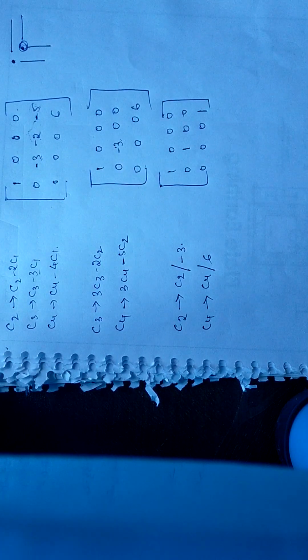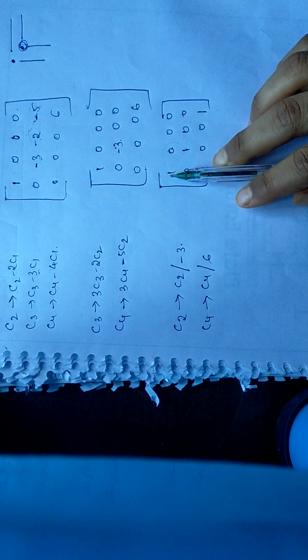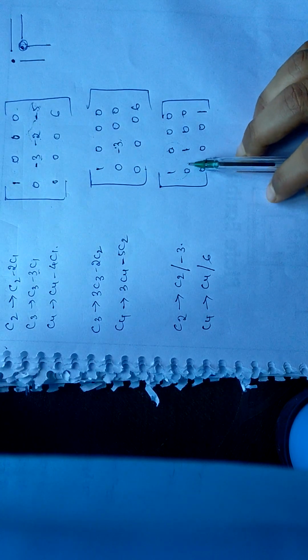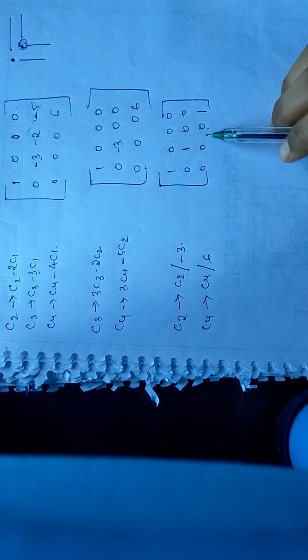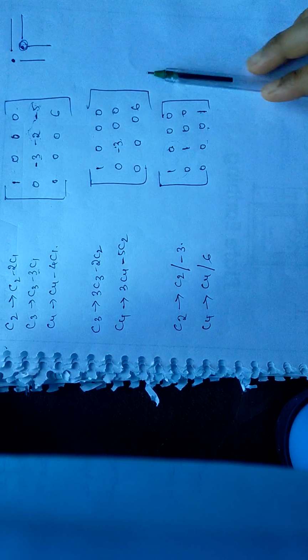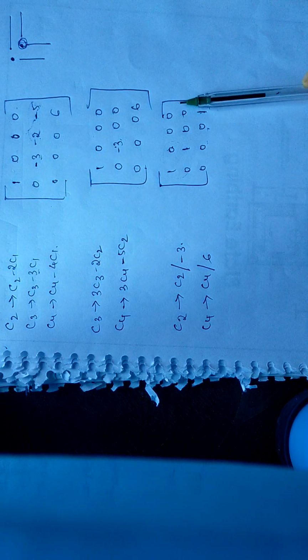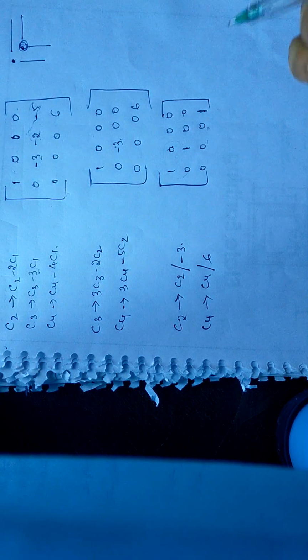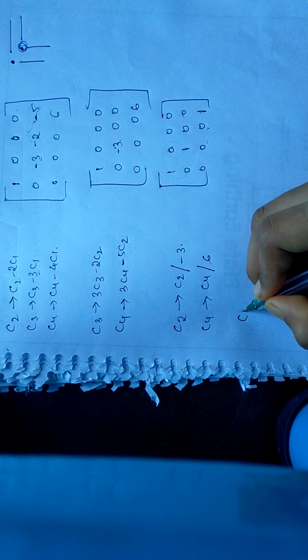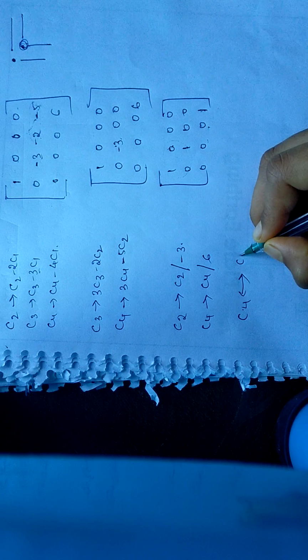Now if you observe here, we have an identity matrix of order 3. But you will see only two diagonal elements are there. So how can you say that it's 3? If we observe here, this is the last element, right? So if we move this complete column to here and this to here, that means a column transformation, then we will get the identity matrix, right? So C4 is interchanged with C3.